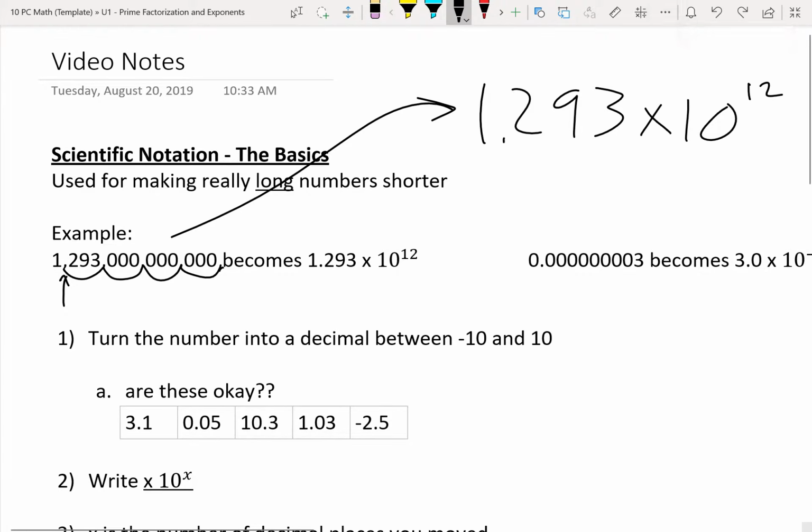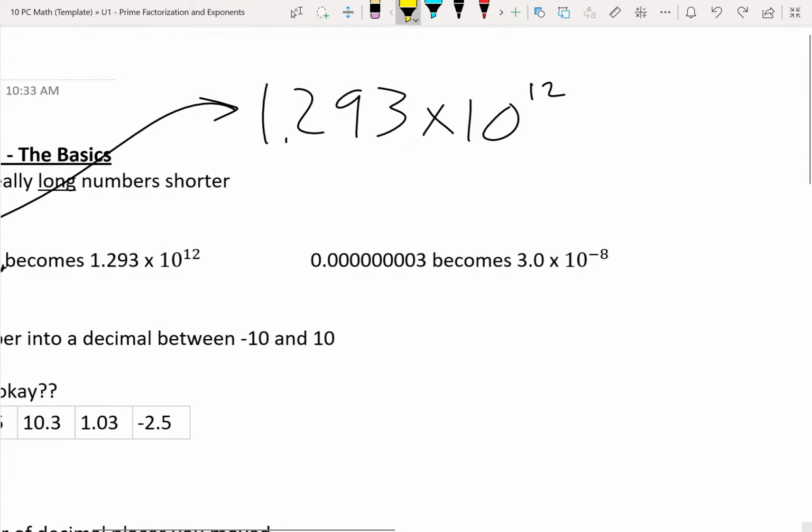Because if we did this times 10, 12 times, it would turn into the original number. Now, the same process works when we're dealing with stuff like this. We're still going to take the number that matters, the 3. We don't need any of these zeros that are connecting to the 0 there because they're all going to basically get multiplied away. So I just need to worry about the actual numbers. So I'm going to write my 3. I'm not going to do 0.3 because like we said, the first number has to be 1 or higher.